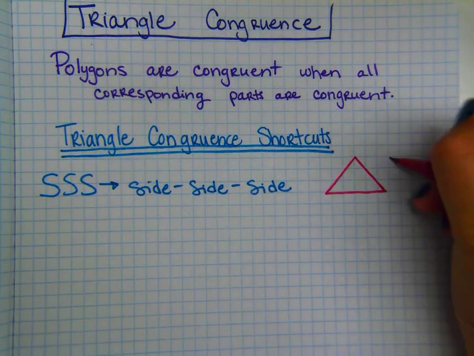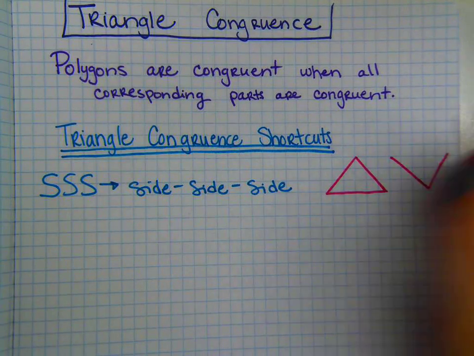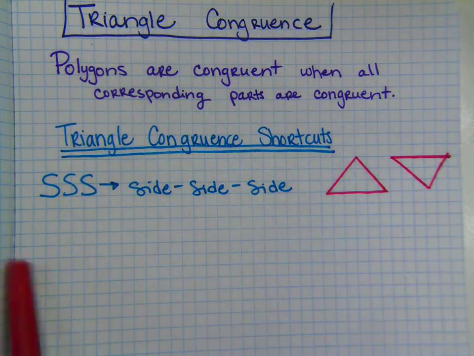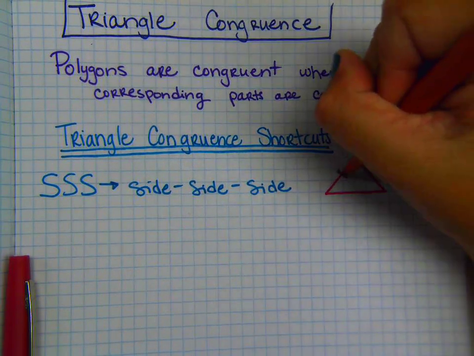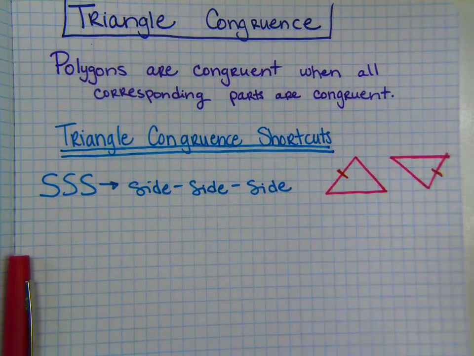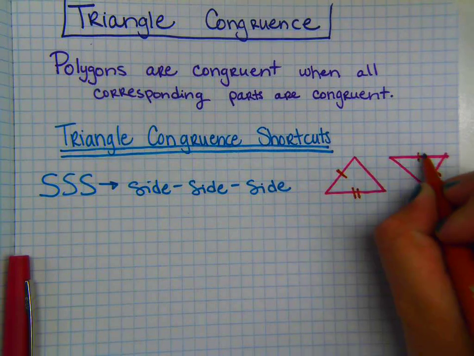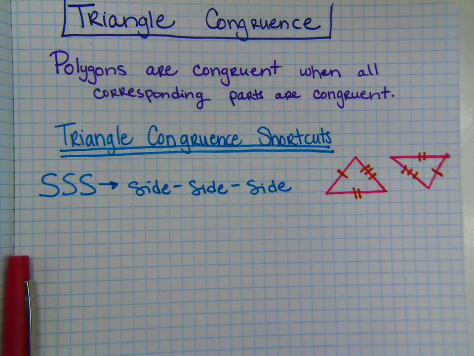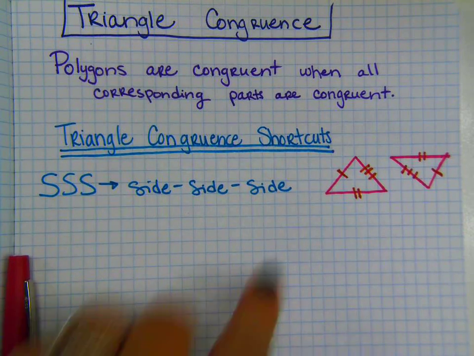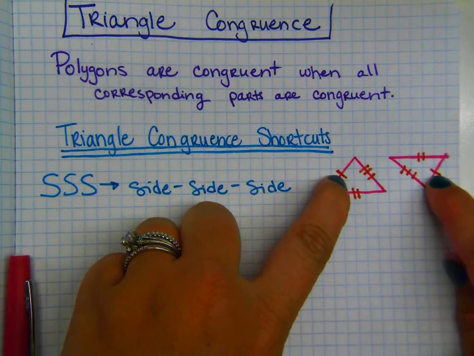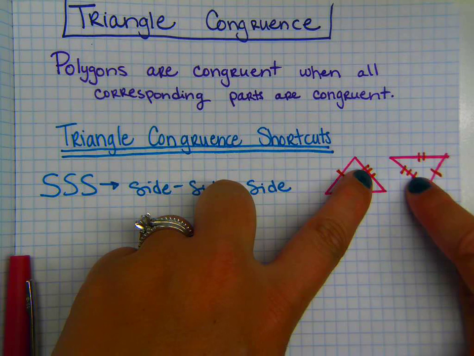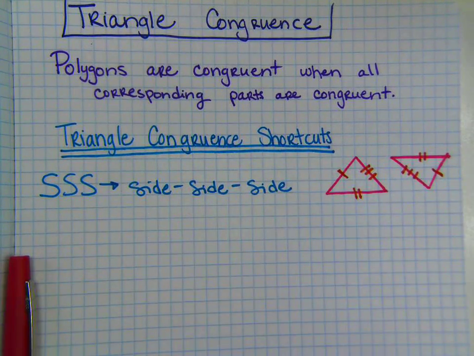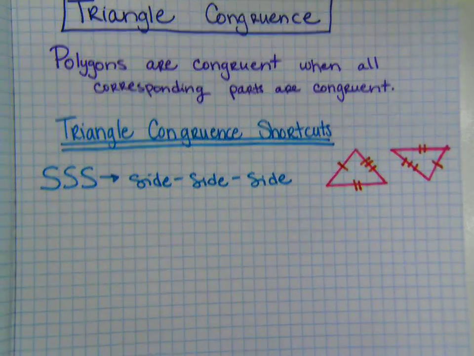We could have that triangle and this triangle. And then I'm going to make some markings on the sides. This side is congruent to this side, let's say, this side, that side, and then those sides. And you can see which sides are congruent to each other. This one has 1 dash, that one has 1 dash, 2 dashes, and 3 dashes. That's how to determine what are corresponding parts.